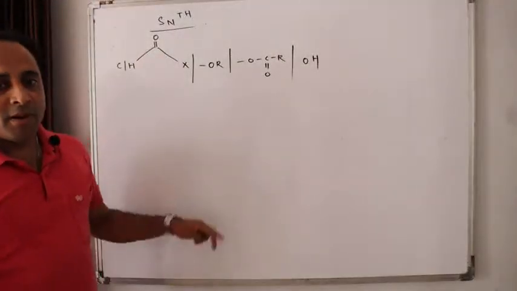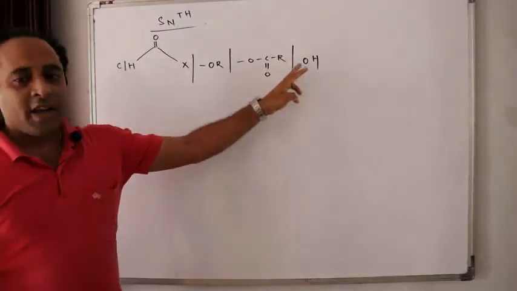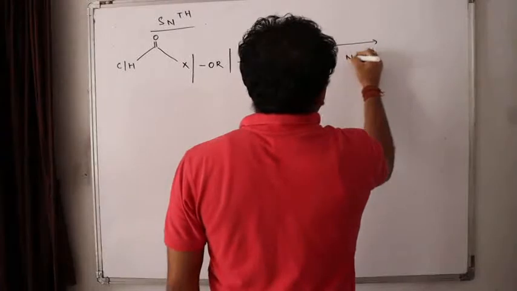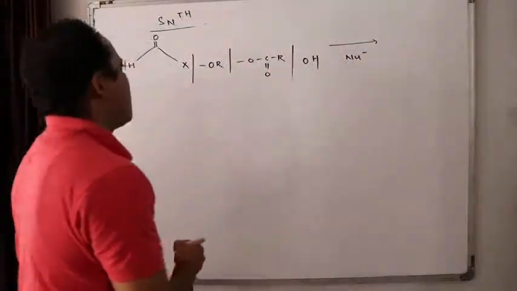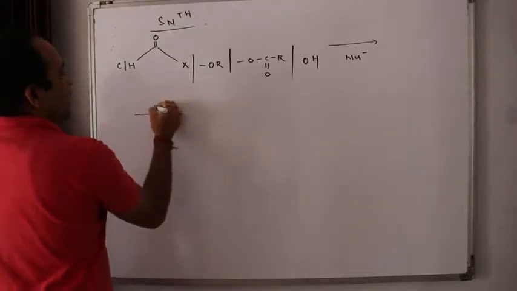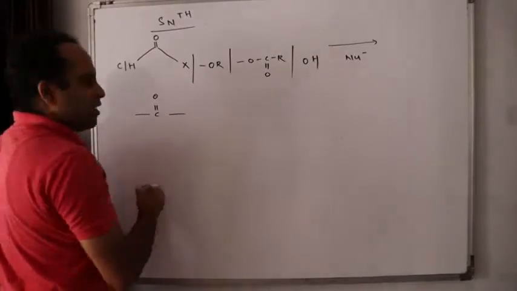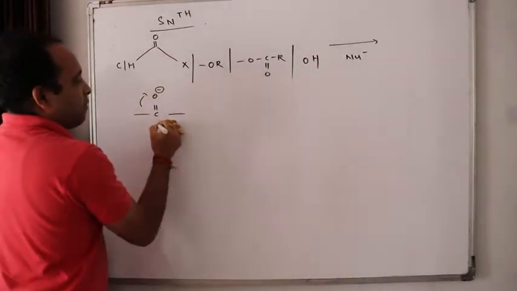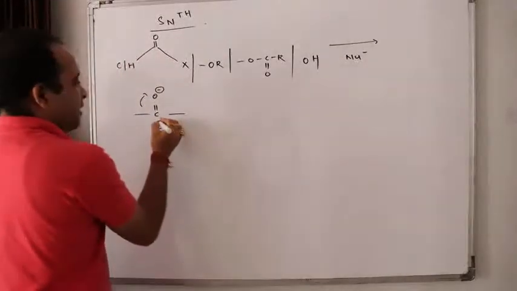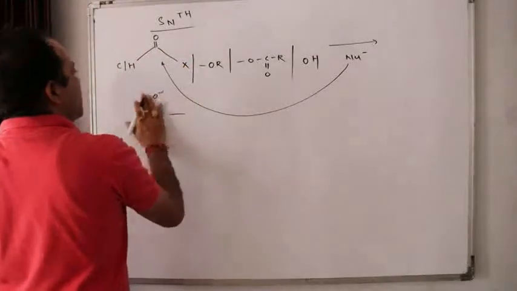In this case, if I make a nucleophile attack, we know here the most sensitive part is the carbonyl carbon. Why? What happens in carbonyl carbon? Here oxygen is more electronegative than the carbon. So oxygen will become negative, carbon will become positive. So this nucleophile will attack which part? This carbonyl carbon. So the nucleophile attacks the carbonyl.